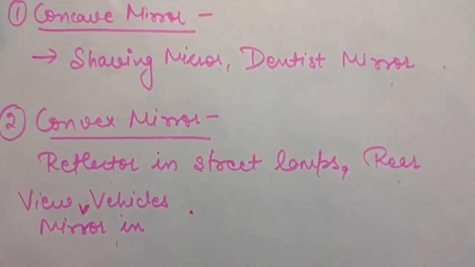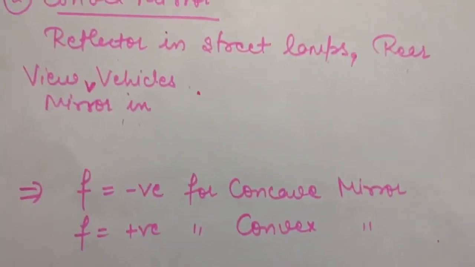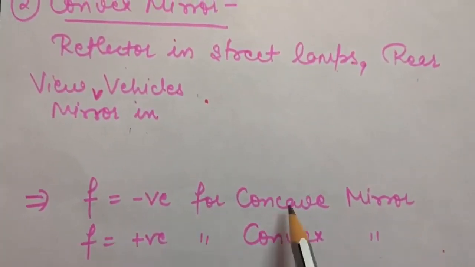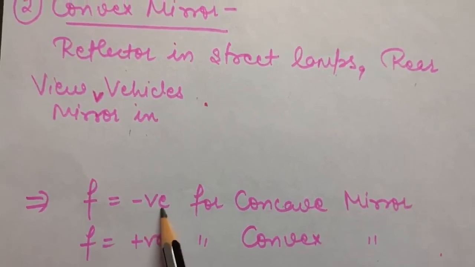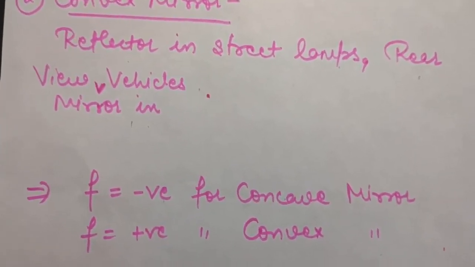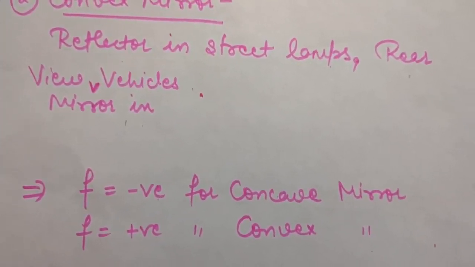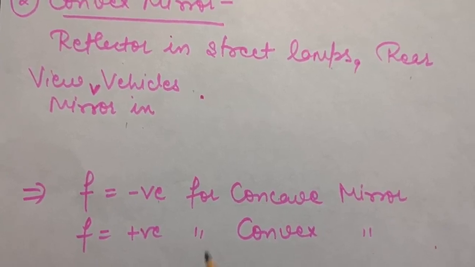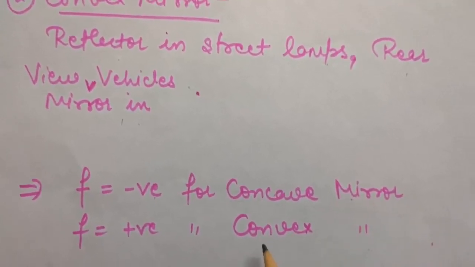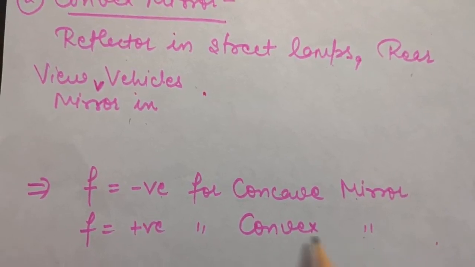One more thing about the mirrors: the focal length of a concave mirror is always negative. This I have already told you, because when the rays come parallel to the principal axis, they actually pass through the focus in a concave mirror, but they just appear to pass through it in a convex mirror.